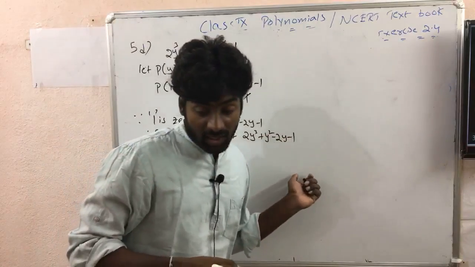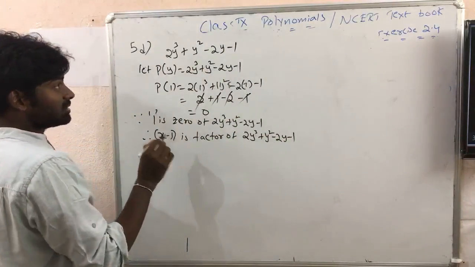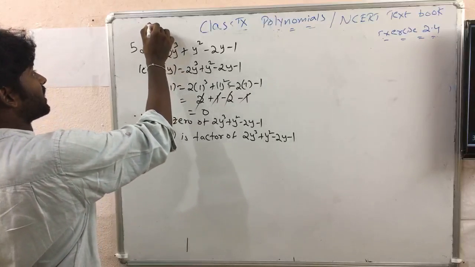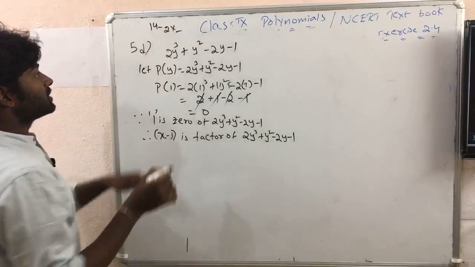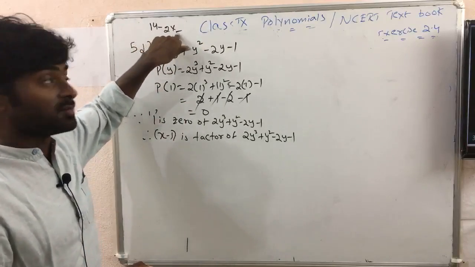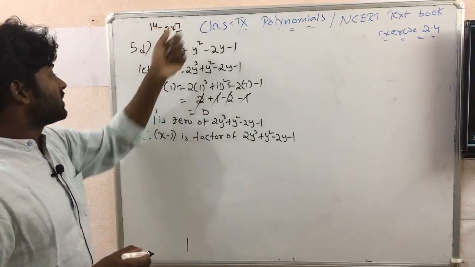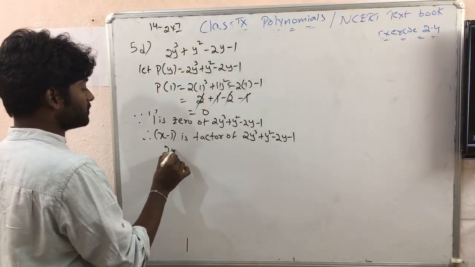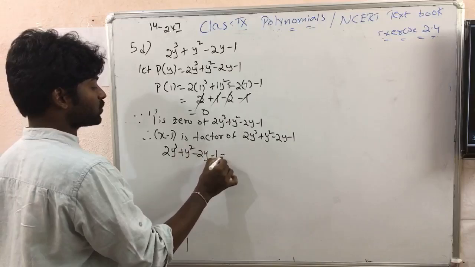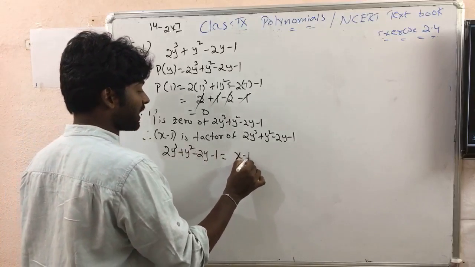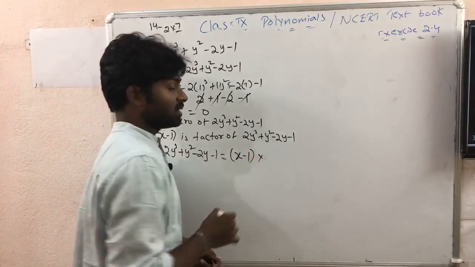And remember, I will write the step here, why you are dividing with this. See, we can write any number, that means if I take 14, if 2 is a factor, it means 2 into something. Since 2 is a factor of 14, we will write 2 into something, that is nothing but 2 into 7. Since it is a number, we can know it is 7. So while writing this, 2y cube plus y square minus 2y minus 1 equals, since x minus 1 is a factor, it should be the product of x minus 1 into something, we don't know that.